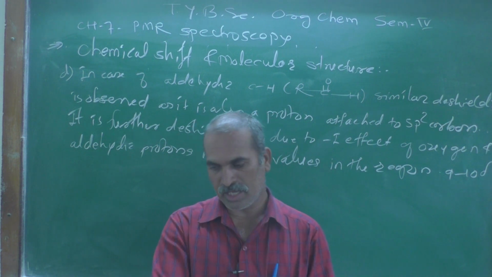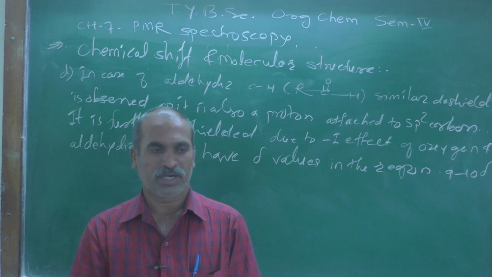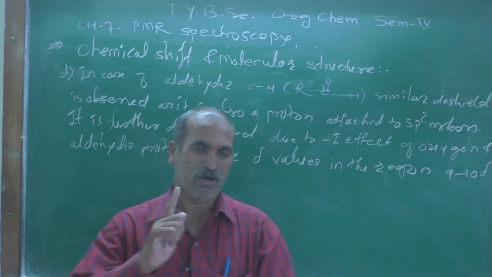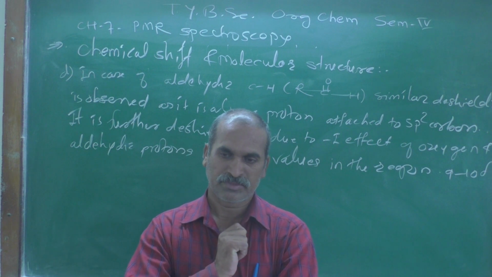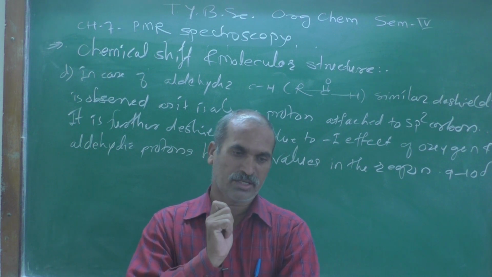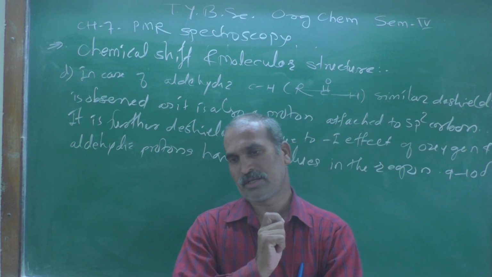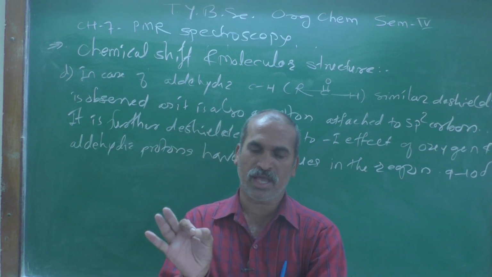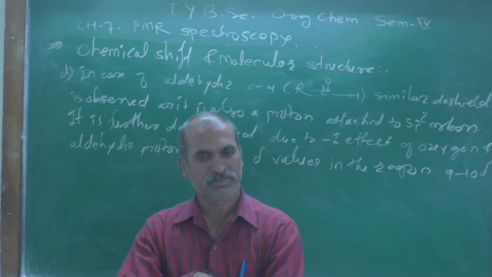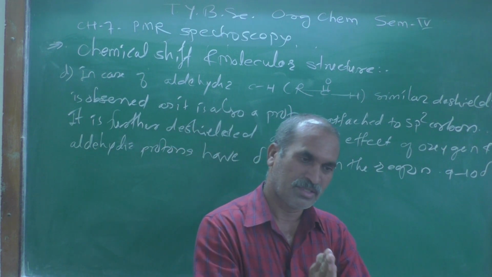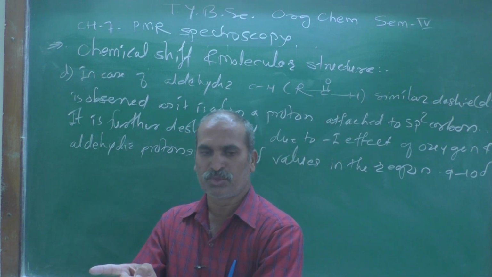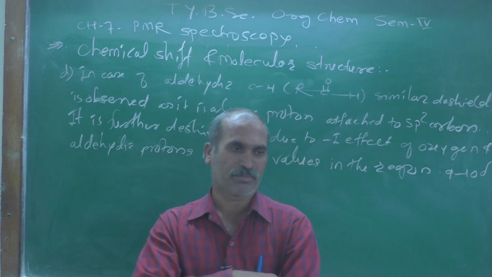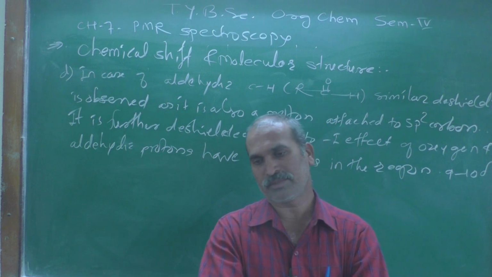In case of the aldehydic proton H, if you observe this structure carefully, you will notice the proton is attached to a carbon atom which has sp2 hybridization, and that's why that proton is de-shielded, similar to the vinylic proton and the aromatic or arylic proton.